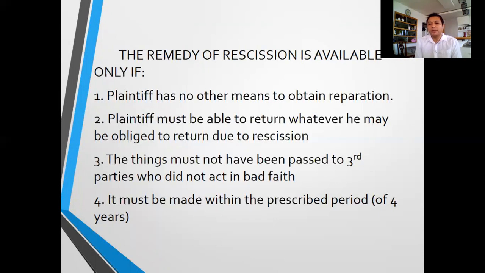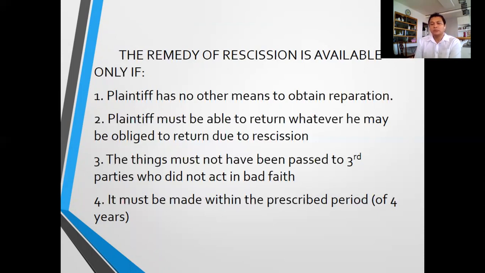But if that buyer has already sold the ward's property to another person, and this person is in good faith, meaning he does not know any defect of the contract, then the remedy of recession is no longer available.